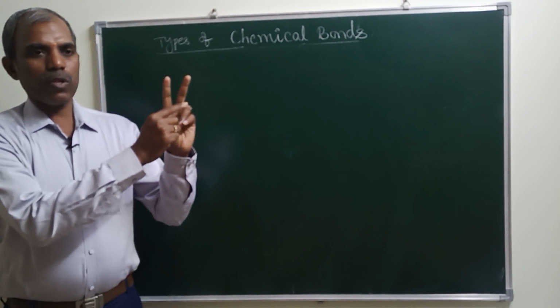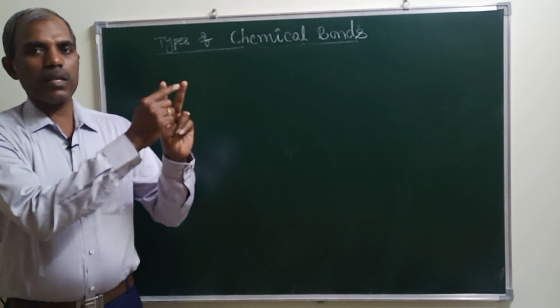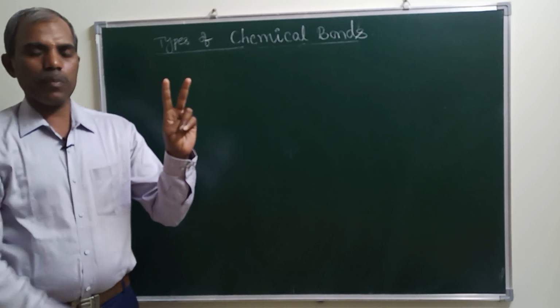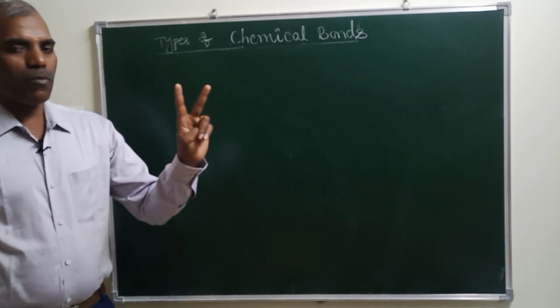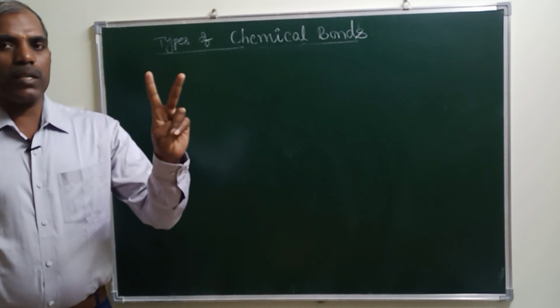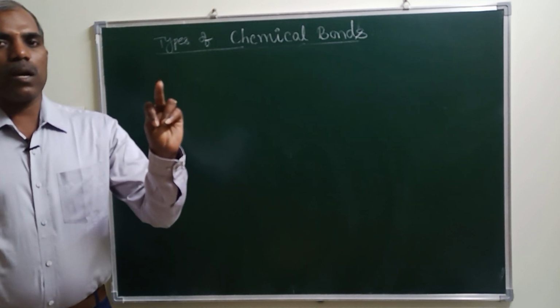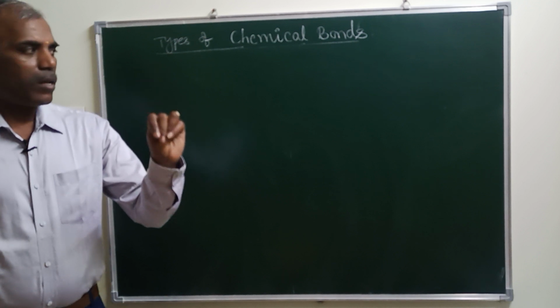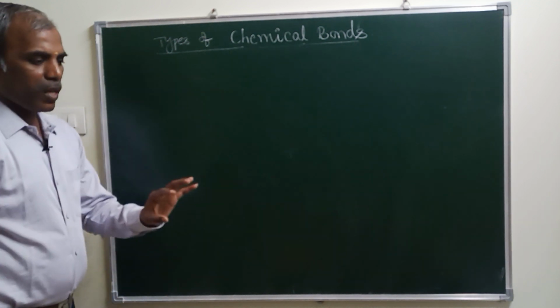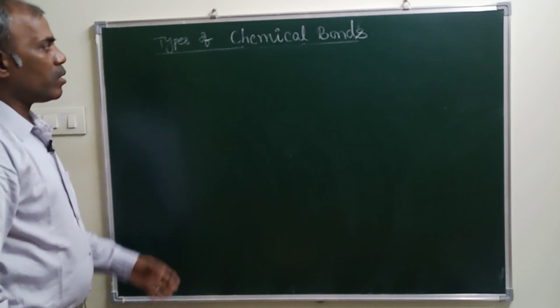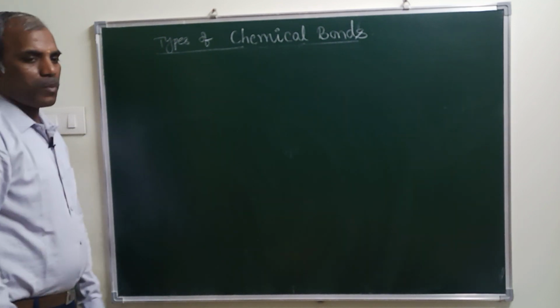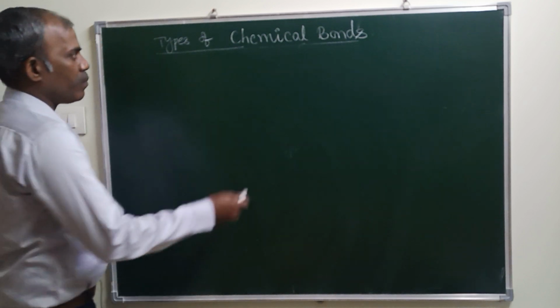When you are talking about metals and non-metals, metalloids also come into the picture. So in this chapter, we will talk about two types of elements, metals and non-metals. If we can classify what are metals and what are non-metals, then we can easily understand this chapter.